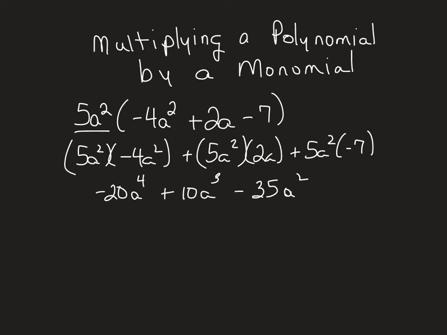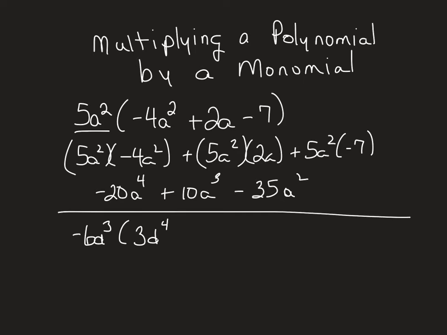So let's look at another one just to get some practice. Negative 6d cubed times 3d to the fourth minus 2d cubed minus d plus 9. All right, so again, we're going to use the distributive property.